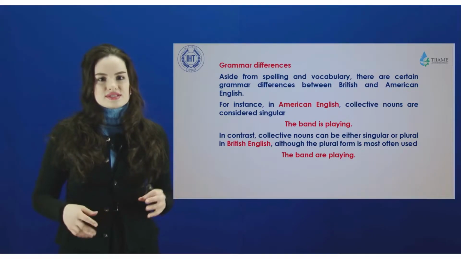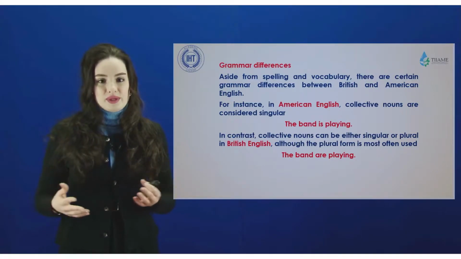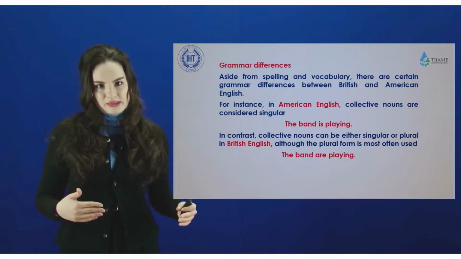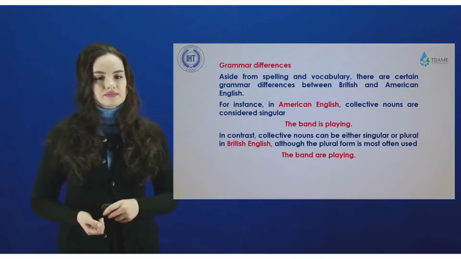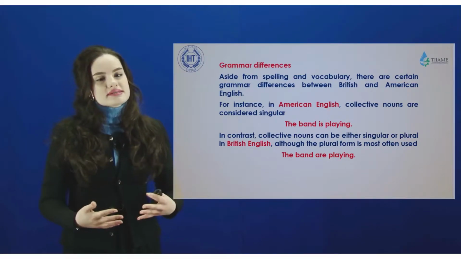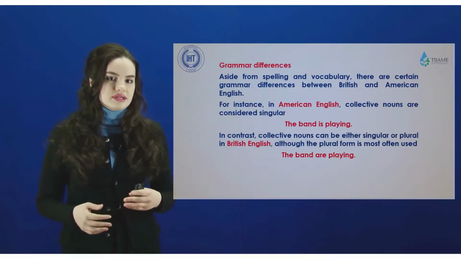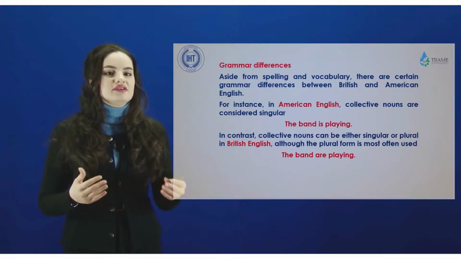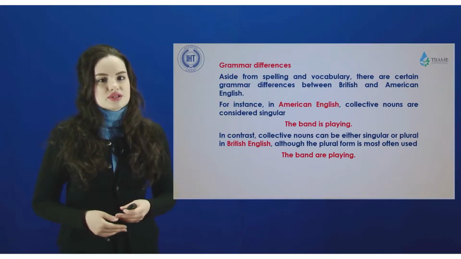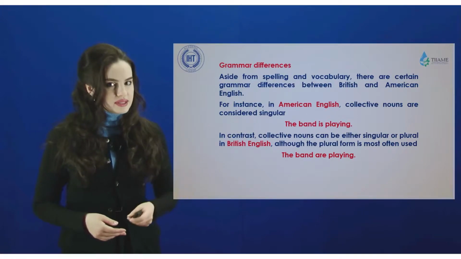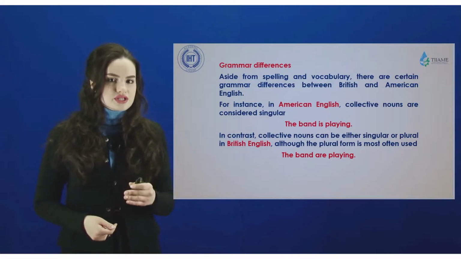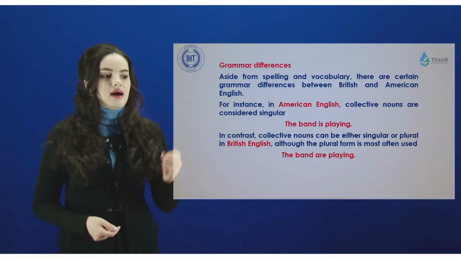They just emphasize the amount of people, two or more people in some group. So, according to this, the auxiliaries which are used near the verb are also different. In American English, it may be is, like in my example, and in British English it is are.